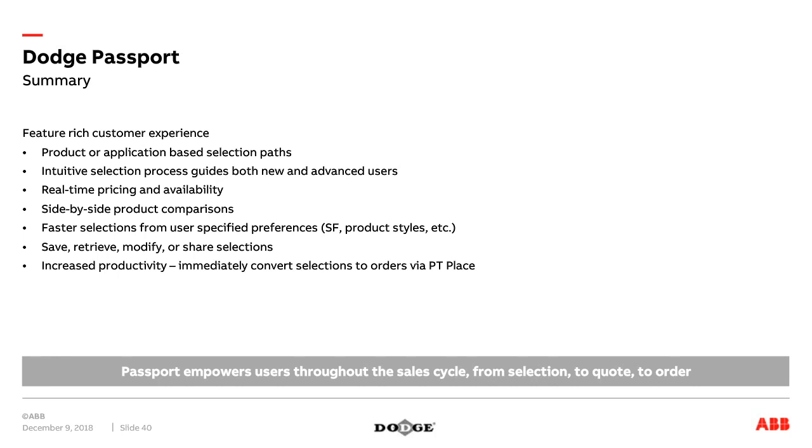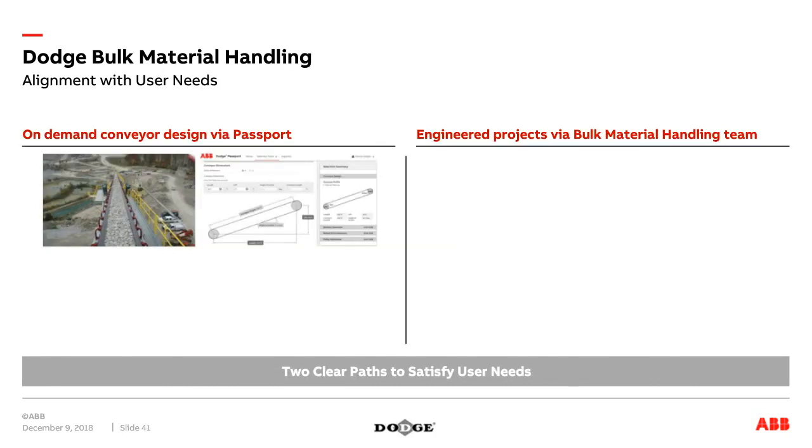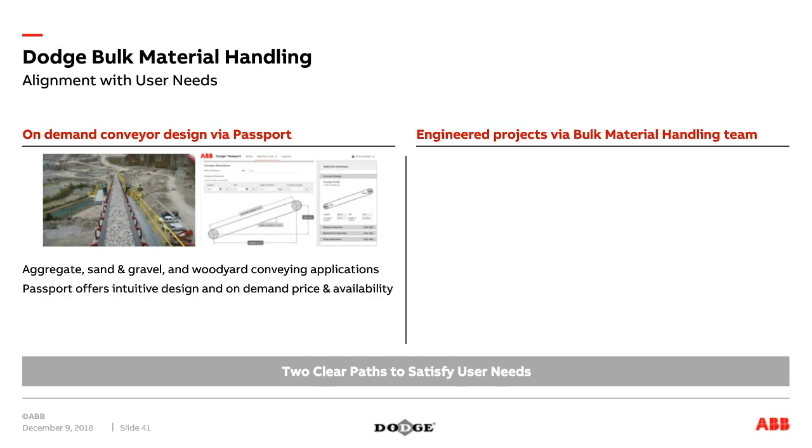Circling back to where we started and just recapping the conveyor design capabilities. When you look at belt conveyor applications that are under 800 PIW and aggregate, sand and gravel, woodyard conveyor applications, Passport offers on-demand conveyor design capability to be able to get pricing availability and place orders, and it puts it in the hands of not only ourselves or our inside sales staff, our field staff, but customers as well.